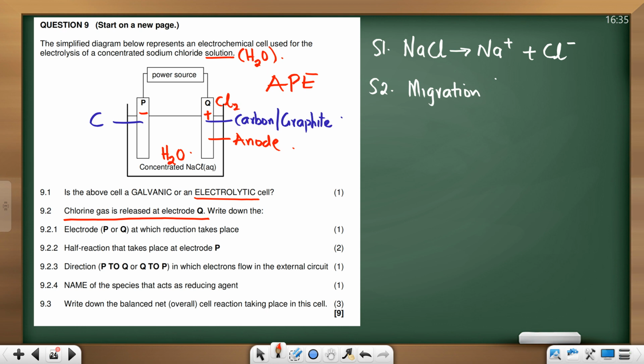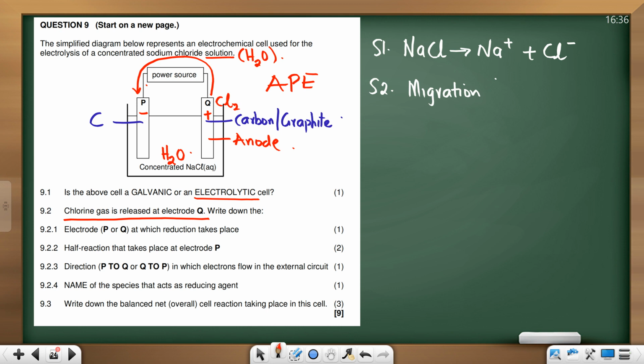Direction, P to Q or Q to P, in which electrons flow. Electrons would flow from the anode to the cathode. Does that make sense? Anode to the cathode. It's Q to P. Thank you.